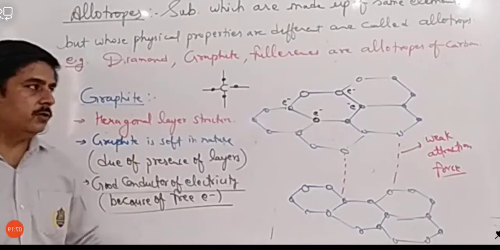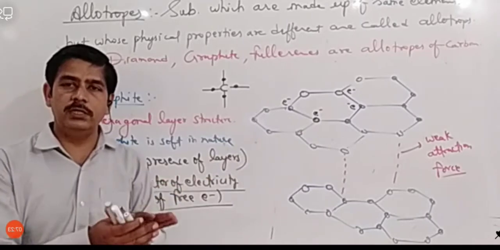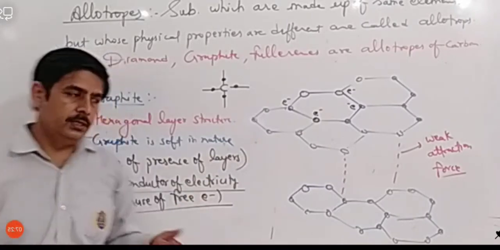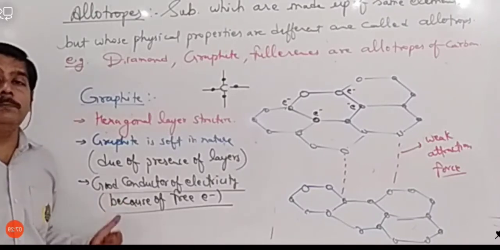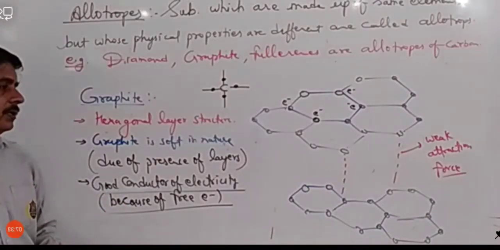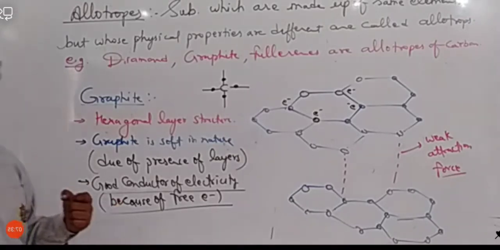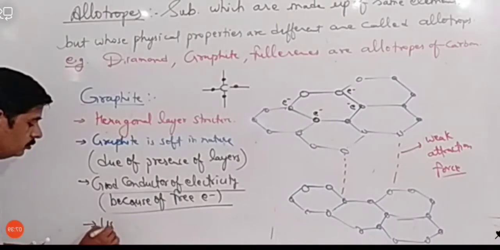It is soft because it has a layered structure. The layers can move on each other easily on applying pressure. And the second is why it is a good conductor of electricity, because it has an unpaired electron. इसके पास एक unpaired electron है, and because of that unpaired electron it is a good conductor. And one more thing, it can be used as a dry lubricant.